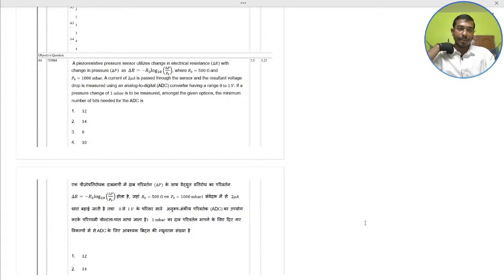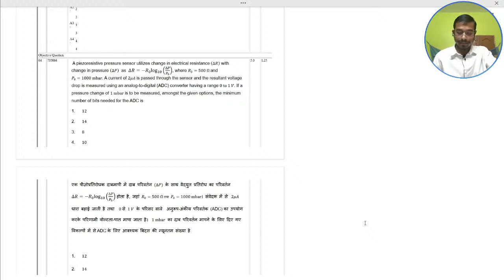A current of 2 microampere is passed through the sensor and the resulting voltage drop is measured using an ADC, analog to digital converter, having range 0 to 1 volt. If a pressure change of 1 millibar is to be measured, then the minimum number of bits required is what?